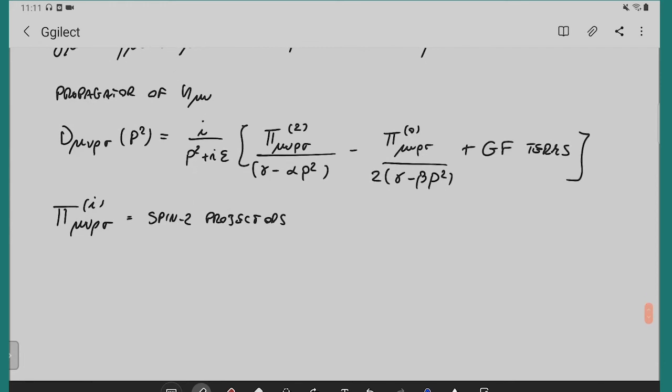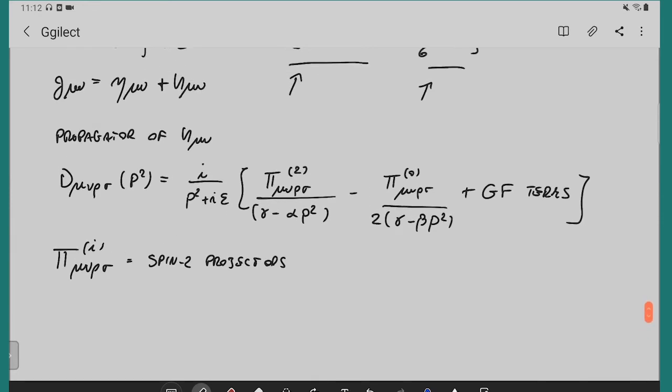So you see, first you see that this is a higher derivative propagator because you have a p squared here and p squared here. So when p squared is large, this goes as 1 over p to the fourth. So there is a signal that the renormalizability of the theory is improved.